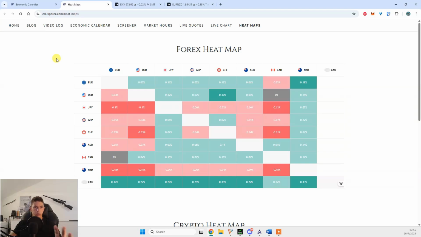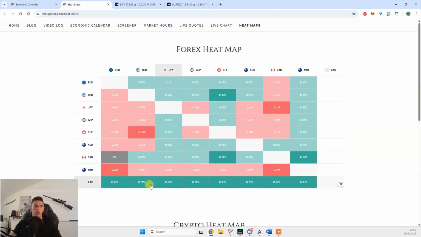So in a flash, look at it. Which are the ones that look stronger and which ones are the ones that look weaker here, right? It's pretty easy, right? Gold is dead strong, euro strong against all the other currencies except for the CAD, right? CAD is strong.